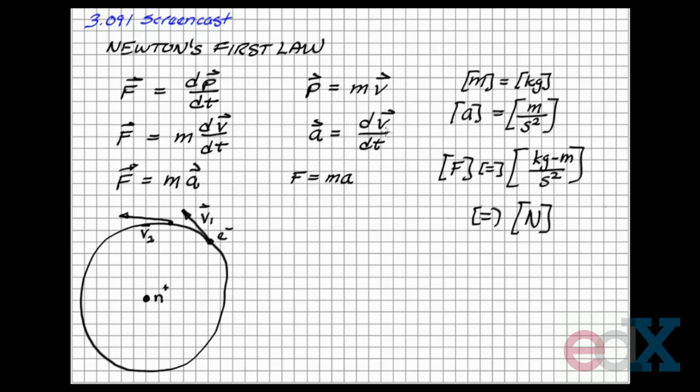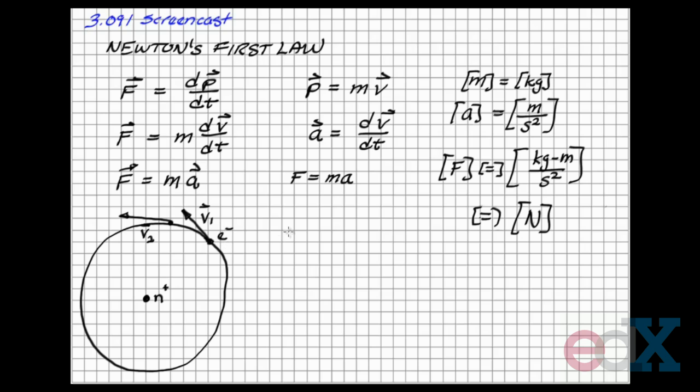Acceleration is the change in the velocity versus time. That means any change, not just in magnitude, but also in direction. So this orbiting body, even though the velocity magnitude is not changing, its velocity direction is, so there has to be a force being placed on the electron as it orbits.